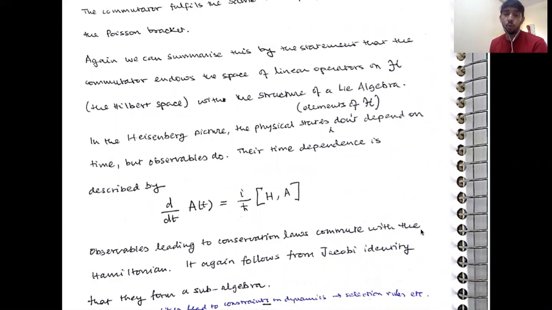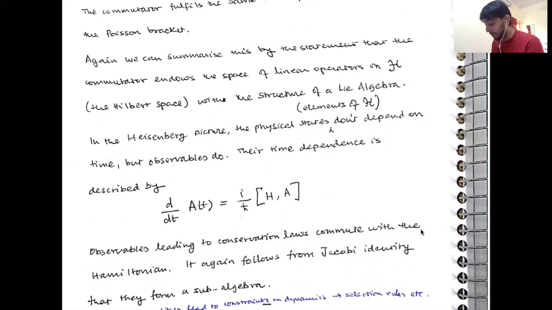And again, if you have [H, A] equal to 0, this leads to A being conserved. This is what I write down out here: observables that lead to conservation laws commute with the Hamiltonian.